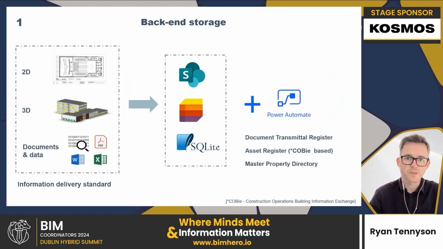And what was interesting was that the three documents on the right-hand side, the document transmittal register, the asset register, which is COBie based, and the master property directory, all became vital components of that workflow, because they were essential to be updated and kept live in order for the documents to be refreshed within the directory and the Power BI dashboard then to follow and sync.